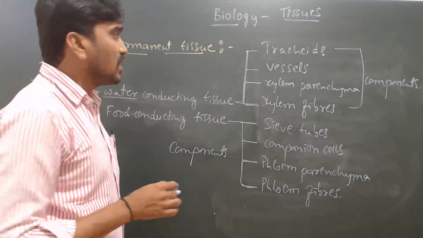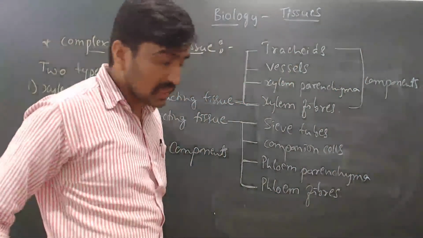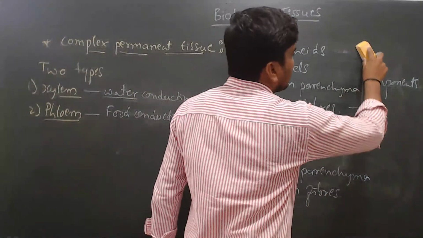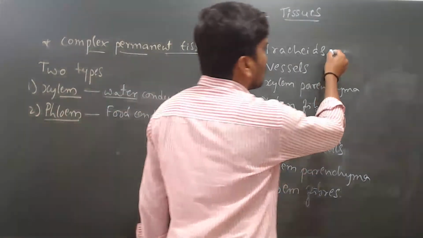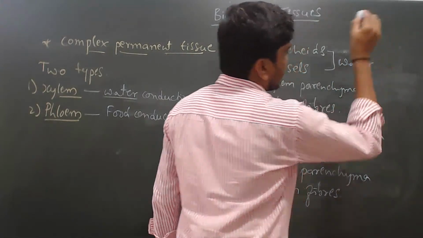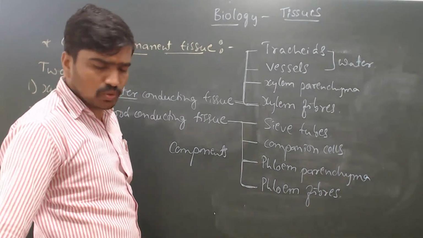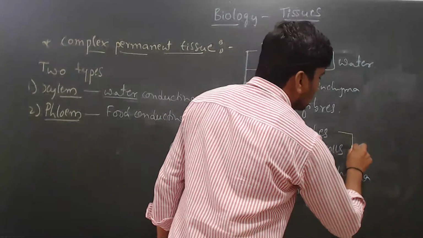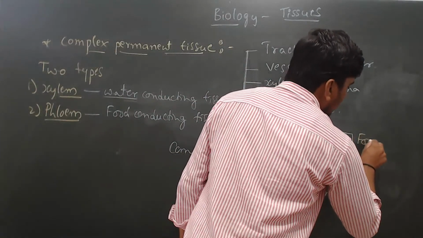In xylem, these tracheids and vessels help to conduct the water. These two tissues help to conduct the water. In the same way, the first two in phloem, sieve tubes and companion cells, help to conduct the food.